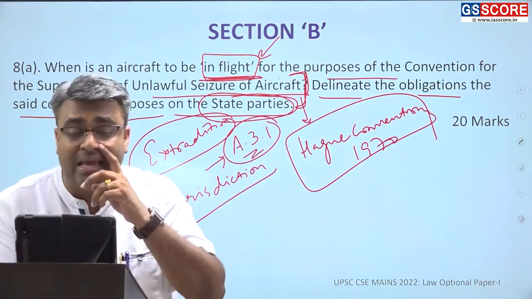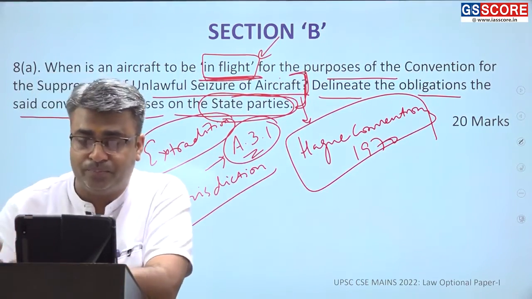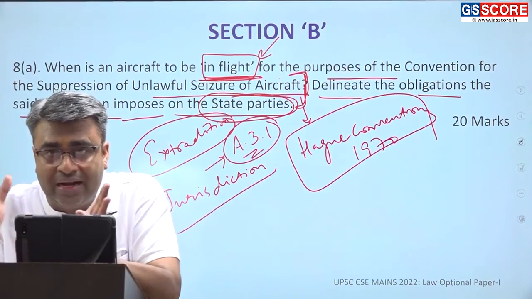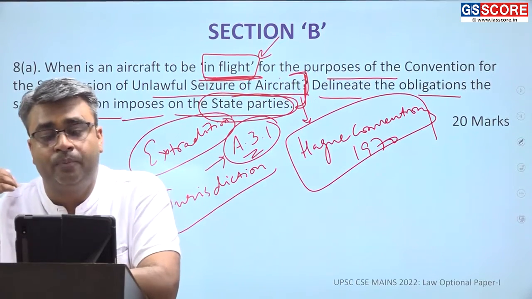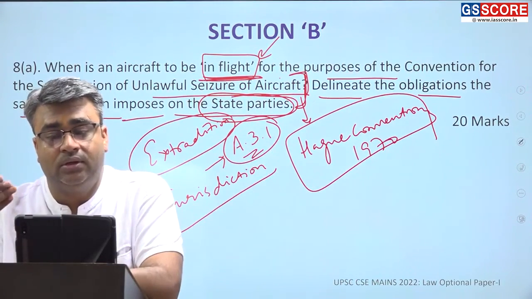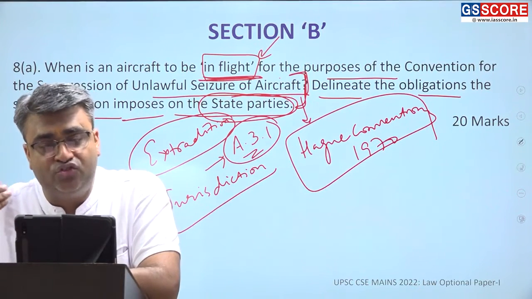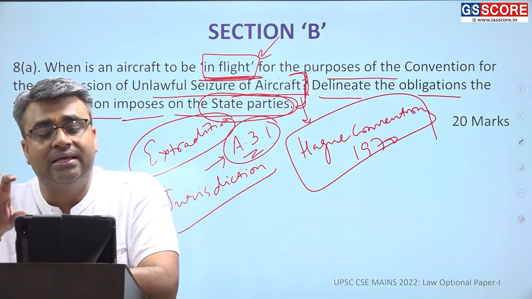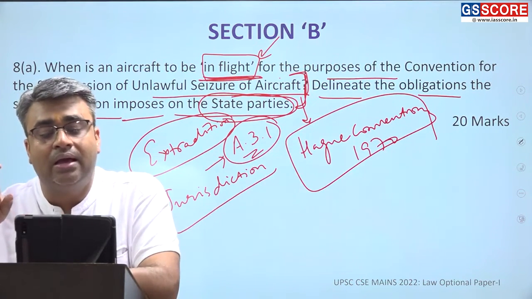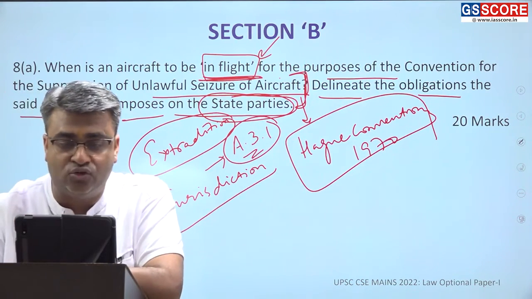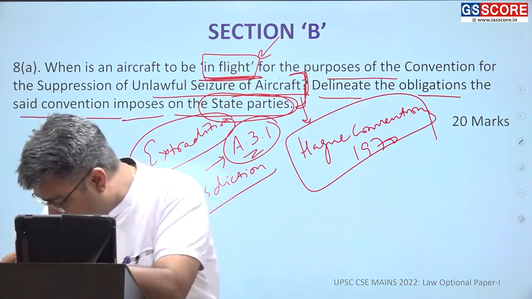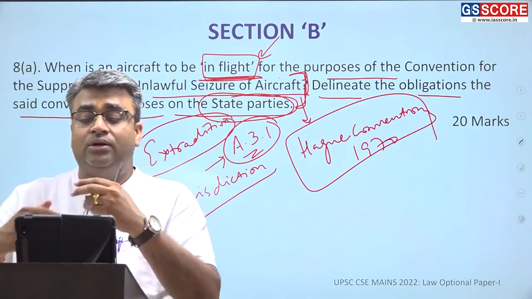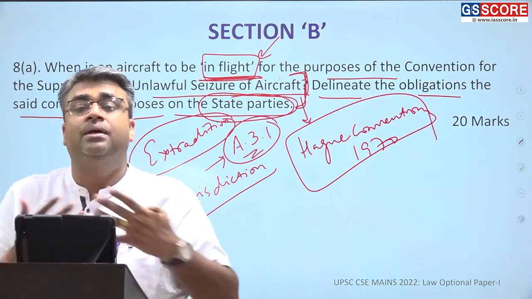So generally, this Hague Convention provides, number 1, all the contracting states under this convention shall take measures to establish jurisdiction over the offense of hijacking and any other act of violence against passengers or crew committed by the alleged offender. So it means the states are basically liable to put that offender behind the bars.